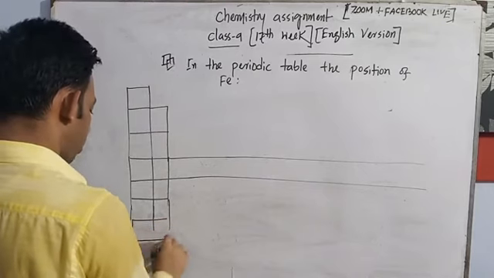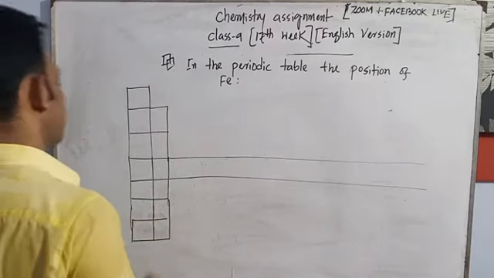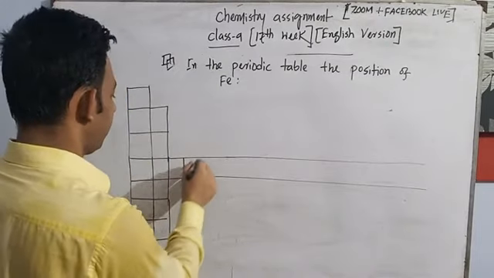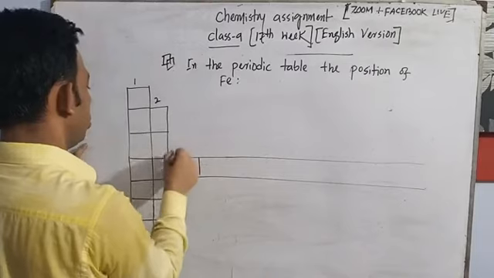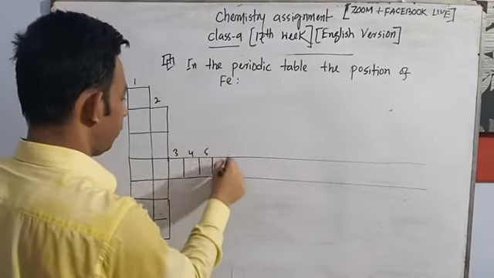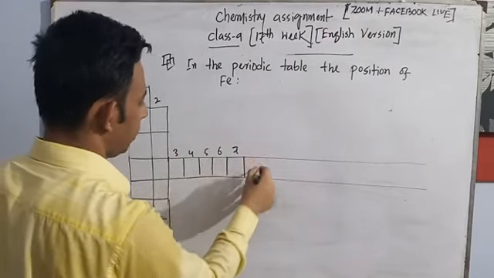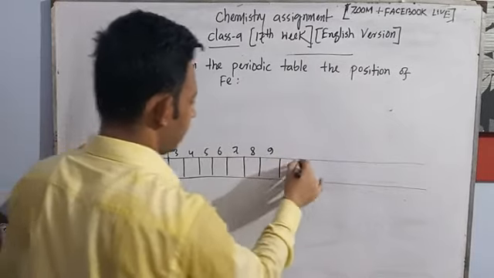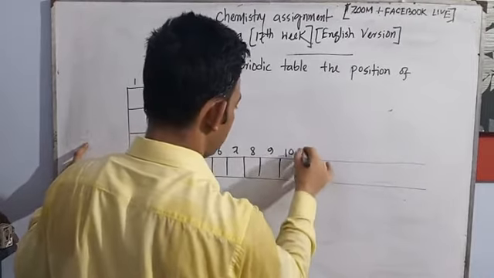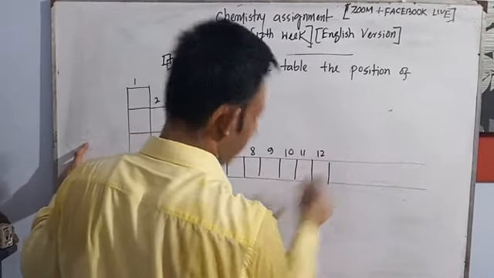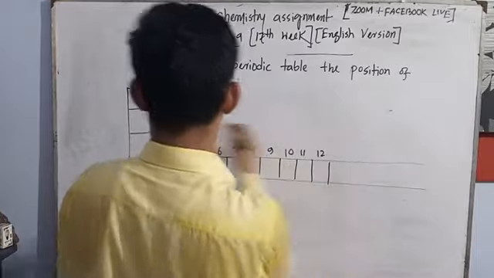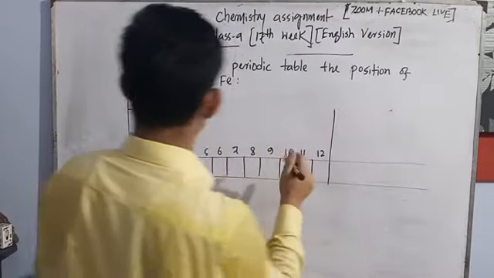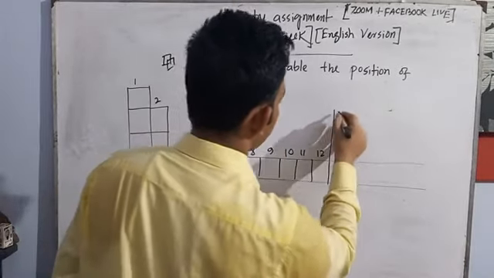You had better use a dark pencil for drawing. 1 2 3 4 5 6 7. These boxes will be blank. 8 9 10 11 12. Then 13 will be at this size. Just follow me here.